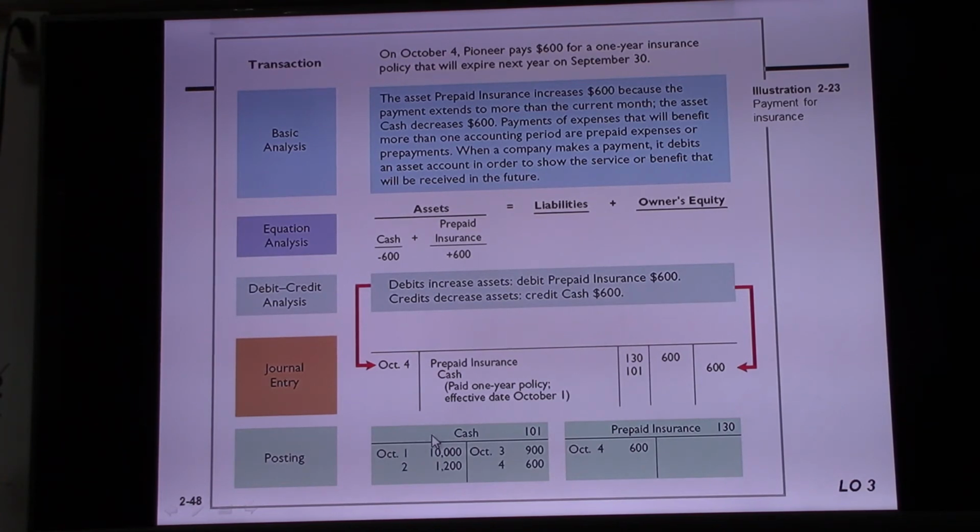We started before a cash account, so now we will transfer this value, which is the 600 in the credit side, here to the credit side by the same value. And we will perform a T account for prepaid insurance, and this is the debit side, and here is the credit side. And since prepaid insurance is journalized in the debit side, we will transfer this value in the debit side of the T account by 600.